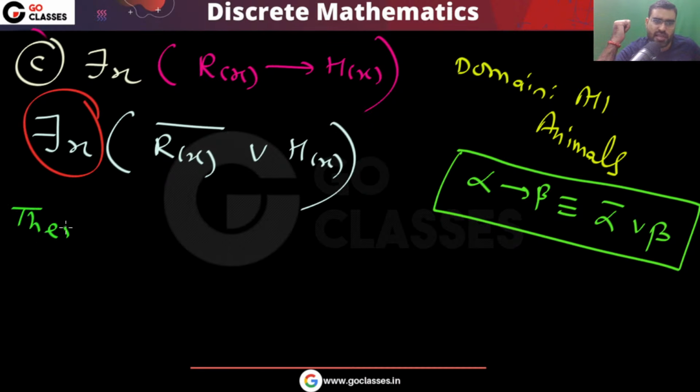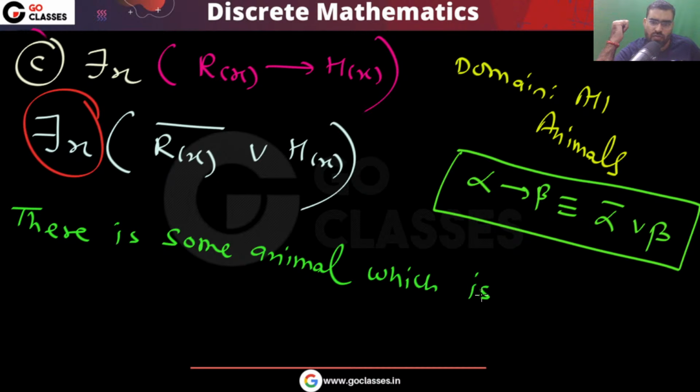So I can say there is some animal, there is at least one animal, which is either not a rabbit or hops.